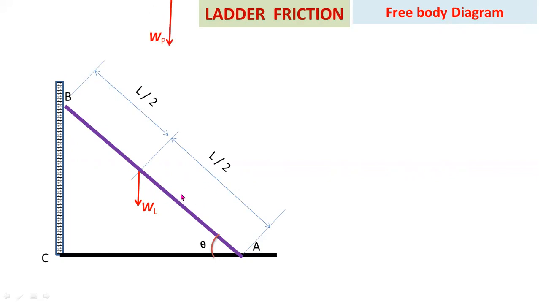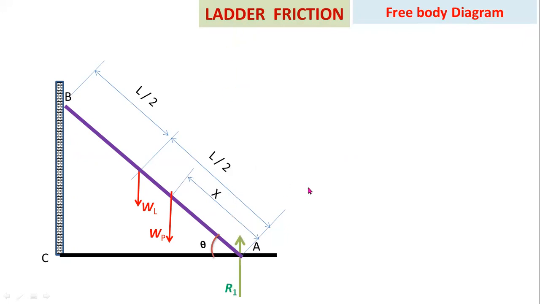Now WP is the position of a person on the ladder. Let x be the distance from the bottom of the ladder, that is the position of the person. From the free body diagram you have to determine the location of the person, that means the value of x from the bottom of the ladder.